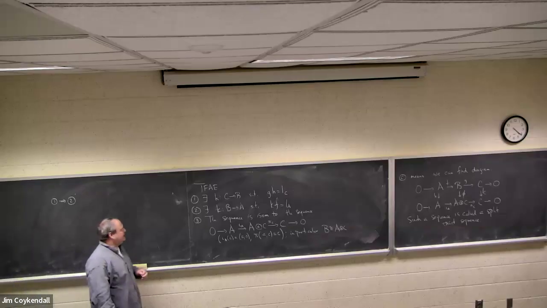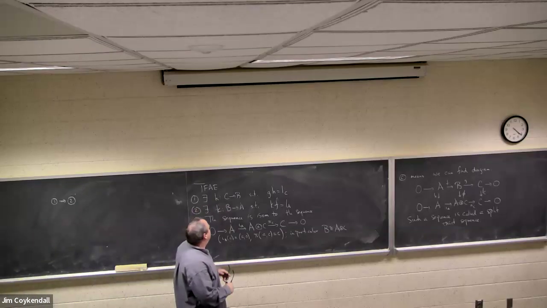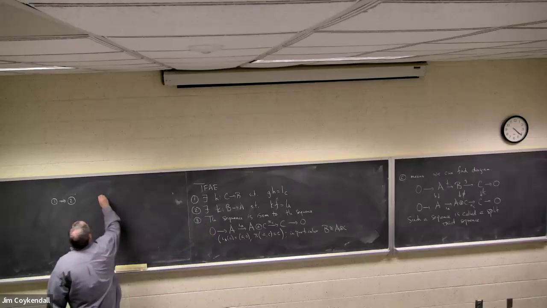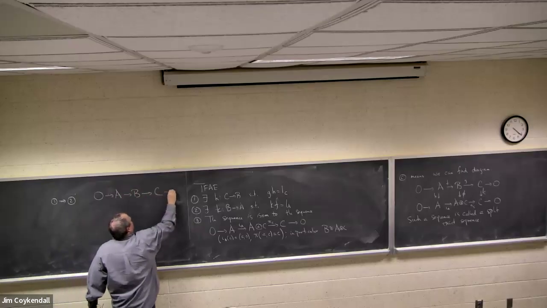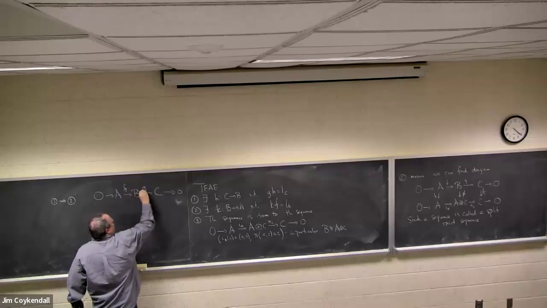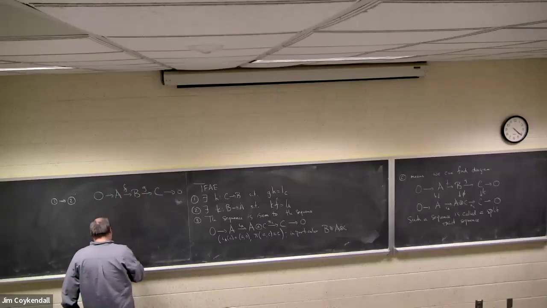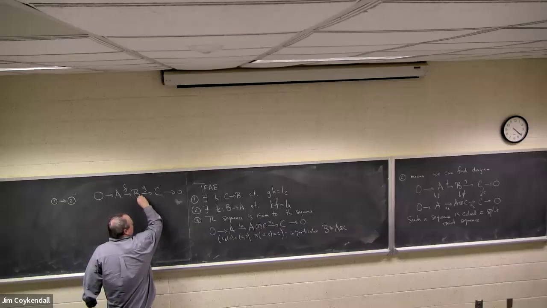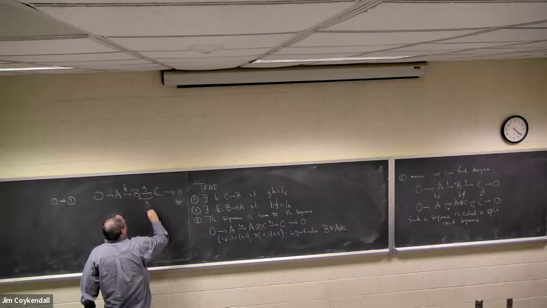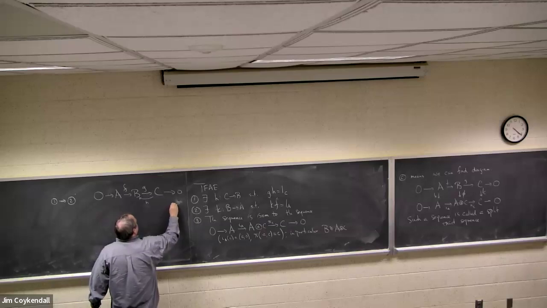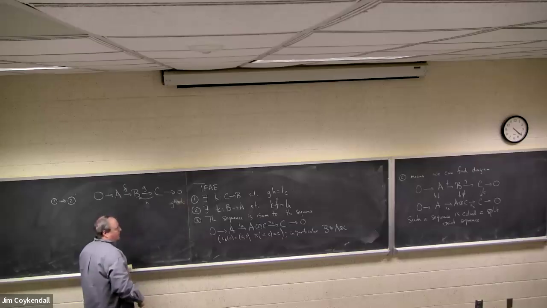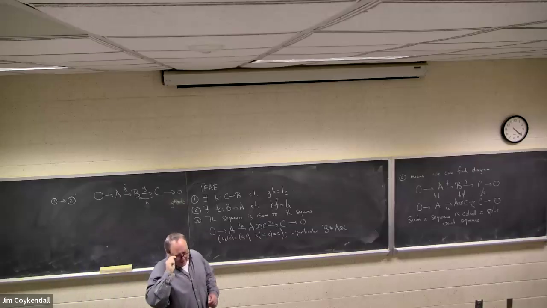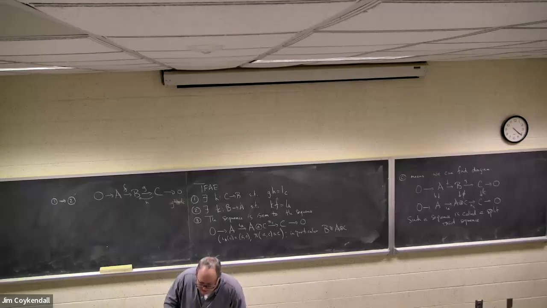And how we're going to do that. So we've got the splitting here, F, G, and we've got this animal that goes back here, H, and when I do H first and then G, I get the identity on C. Now, how am I going to construct a K?